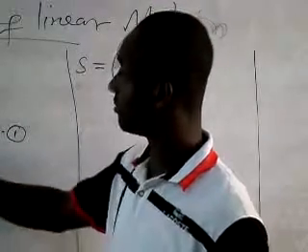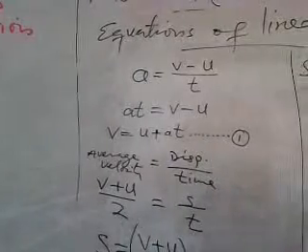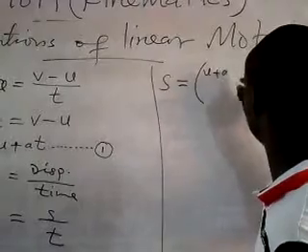And we know that V from equation 1, V is equal to U plus AT. So we shall put U plus AT there.